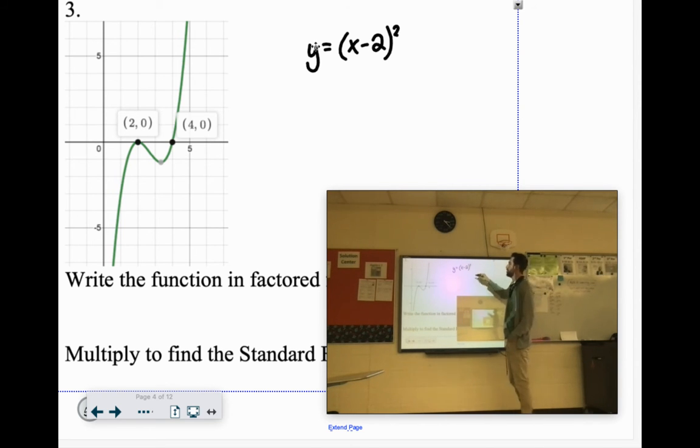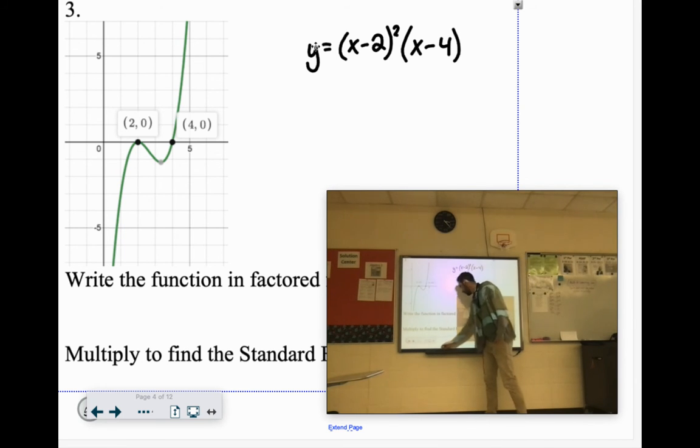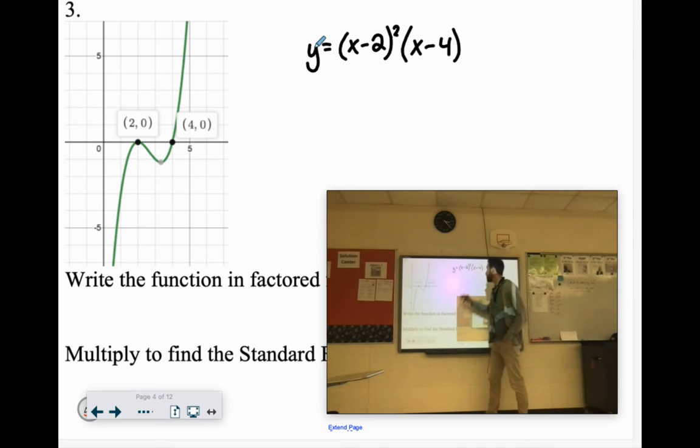It also crosses through at 4, so that would be written as x minus 4. So if we were to FOIL out x minus 2 squared, that would be x squared. Square the first term, then multiply them together and double it for the middle term, and then square the last term. 2 times 2 is 4.